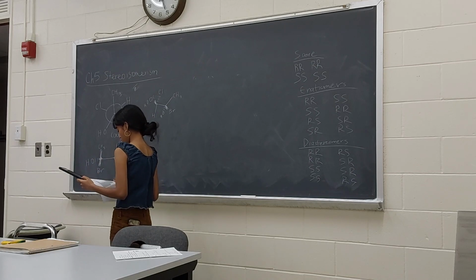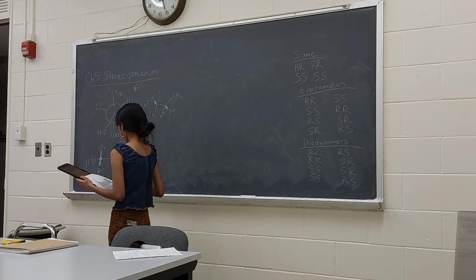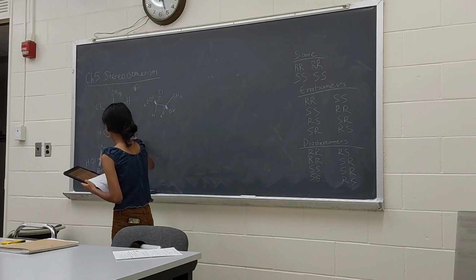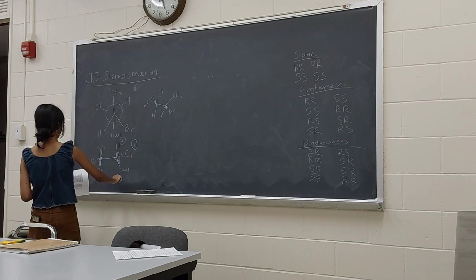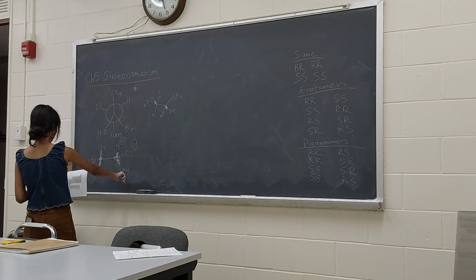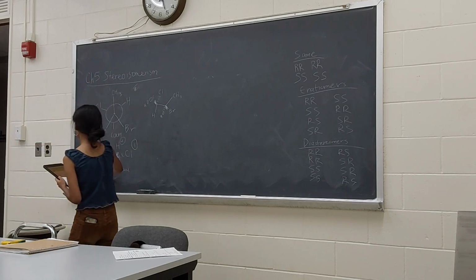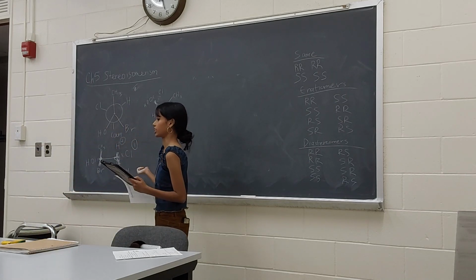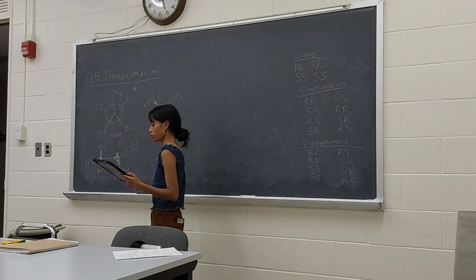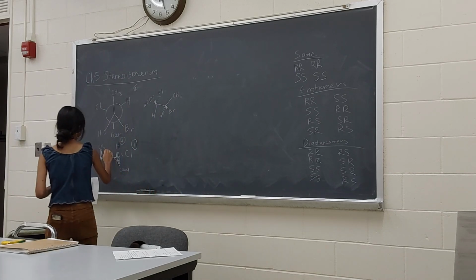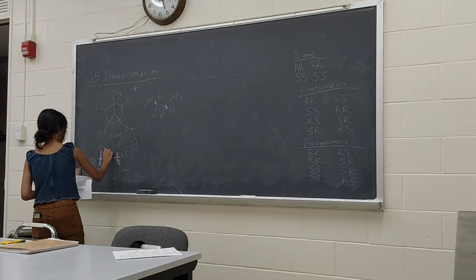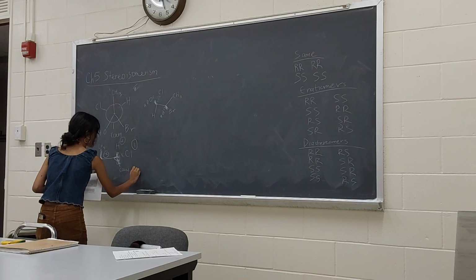So chlorine would be 1, it has an atomic number of 17. And then between carbon with an oxygen versus carbon with the bromine, which one would be second? Bromine's 35, oxygen's 8. Bromine, right? So this will be 2, and this will be 3.